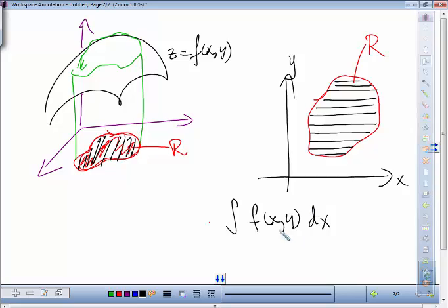So now the question is, if this is going to be integrated with respect to x first, what are our limits supposed to be? Oh, I don't have anything here, right? Well, I can't have anything because it's not a square anymore. So what would you imagine your limits of this to be?